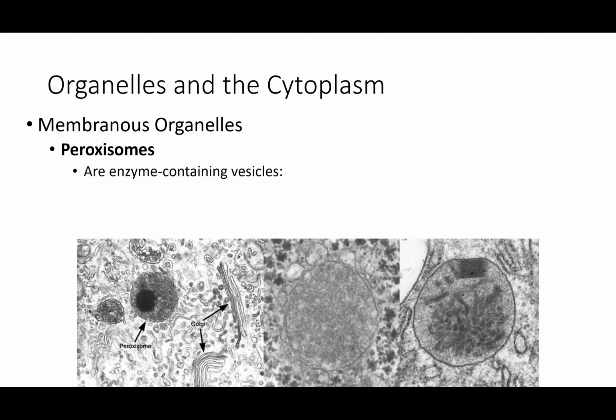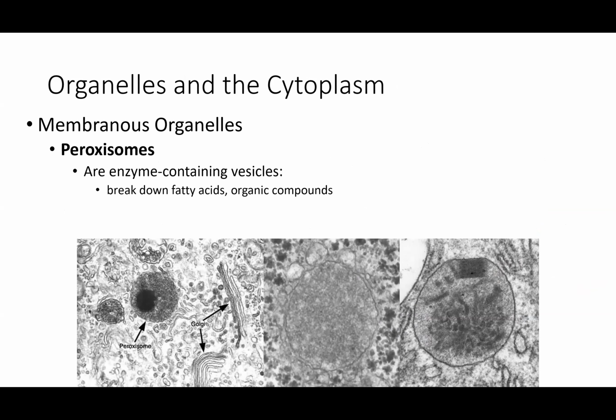Peroxisomes. These are enzyme-containing vesicles, and they also function to break down substances, but just different substances. So they can break down fatty acids and organic compounds. I would never ask you to identify a peroxisome or a lysosome because they're just kind of bubbles within a cell.